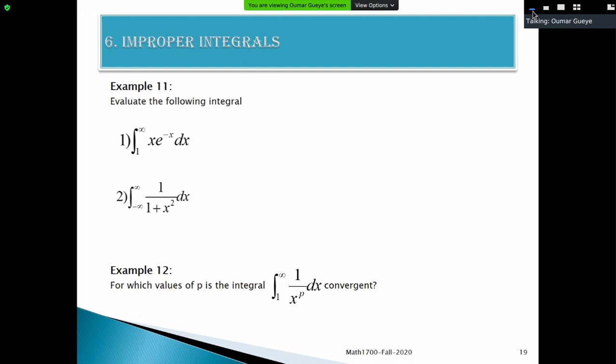That's the question. For which values of p is the integral convergent? To solve it, we're going to use exactly what the previous definition says. And keep in mind, convergent means when you calculate this, you're supposed to get a number, not infinity.